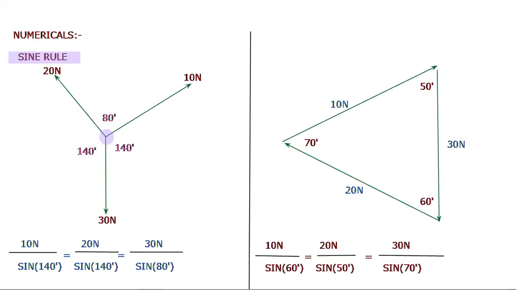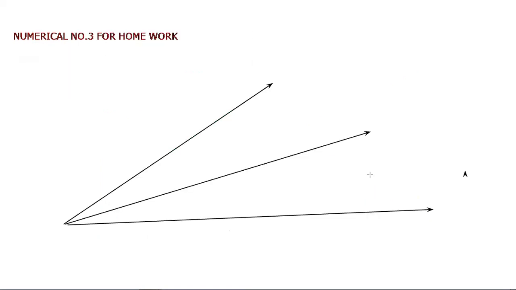First one is 10 Newton, second one is 20 Newton, and third one is 30 Newton. The angles made by them with the horizontal x-axis are 10 degree, 20 degree, and 30 degree.